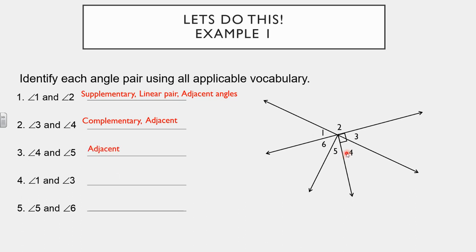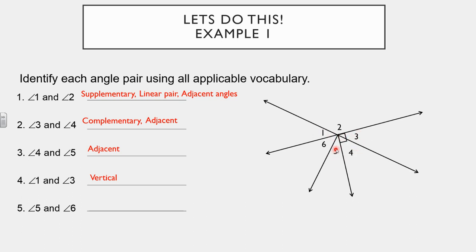Take a look at 1 and 3. We have our first vertical angles. 1 and 3 are directly opposite each other, diagonally across from each other, and they share that vertex. So those would be vertical angles, and 1 and 3 are equal to each other.